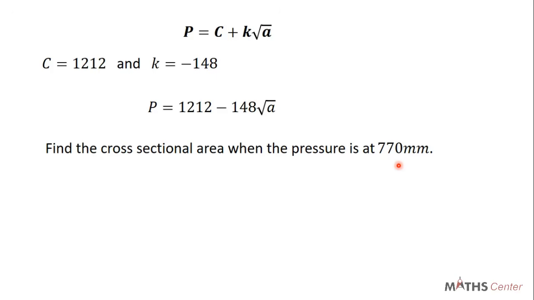So when the pressure is at 770 millimeters, it means that P is equal to 770. We know that P is equal to 1212 minus 148 square root of A. So we can replace P with 770.